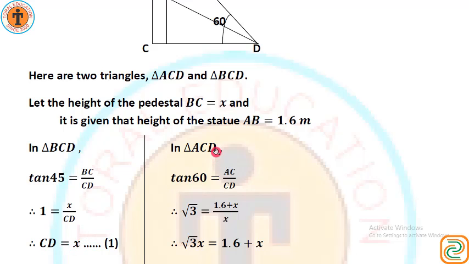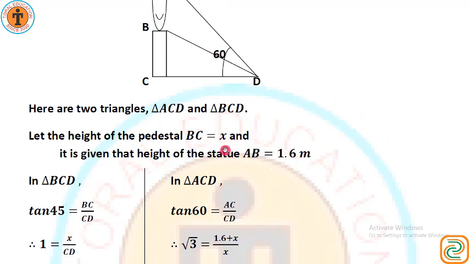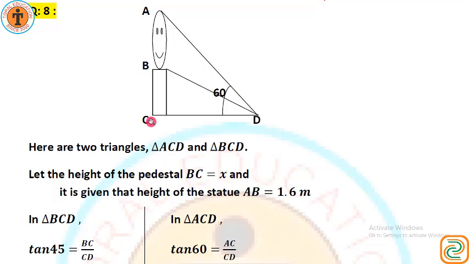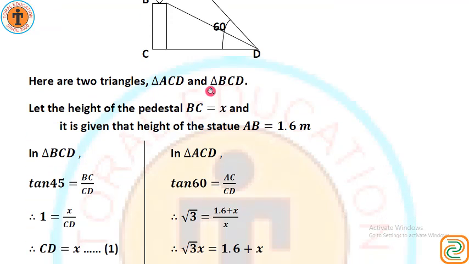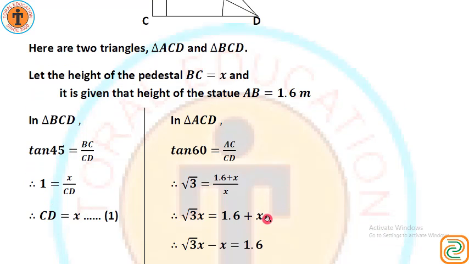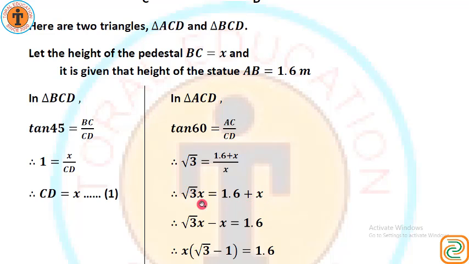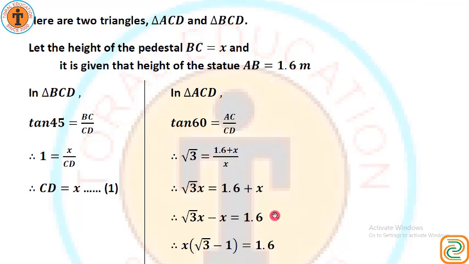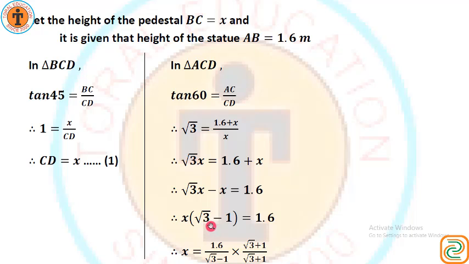Again in triangle ACD, tan 60 equals AC upon CD, but AC is AB plus BC, 1.6 plus x, upon CD, and CD is x. So root 3 x equals 1.6 plus x. Root 3 x minus x equals 1.6, x common, x into root 3 minus 1 equals 1.6.